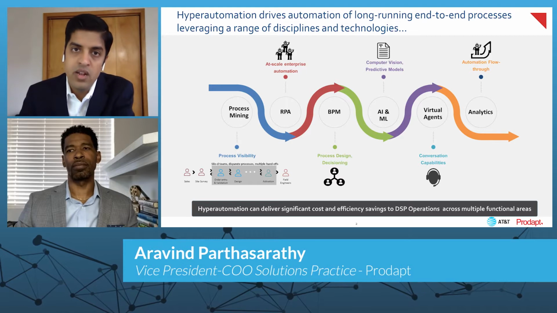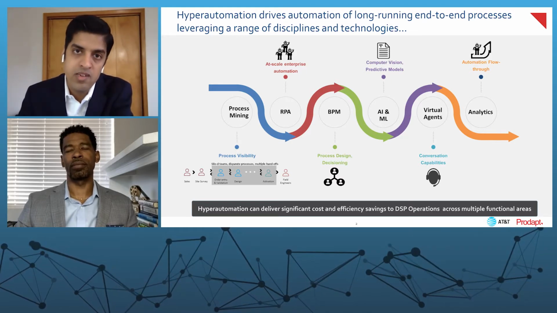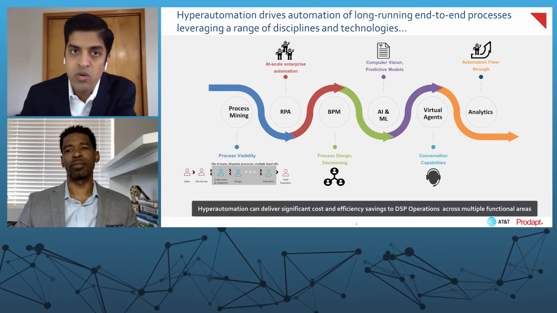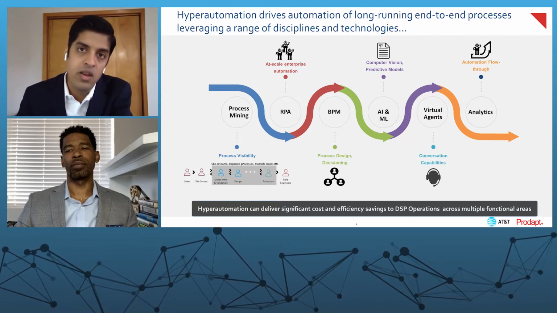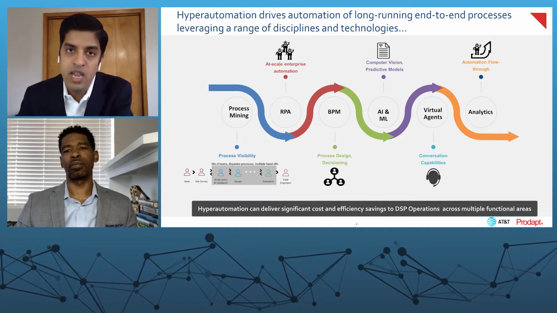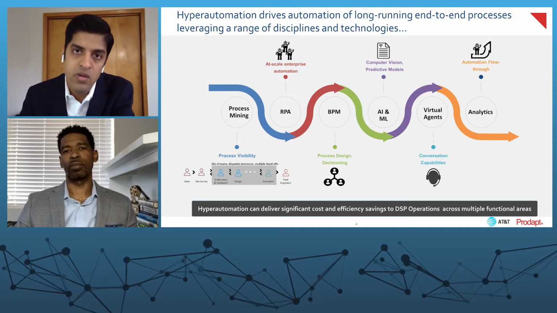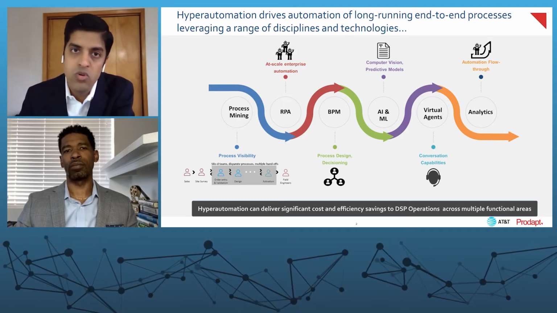For example, when we look at the enterprise side of the business, some of the processes can get very, very complex. For example, an order activation process can run for many days or weeks, and it can have as many as 10 to 12 handoffs across team members, making it very difficult to track where an order is or to track how to automate it.